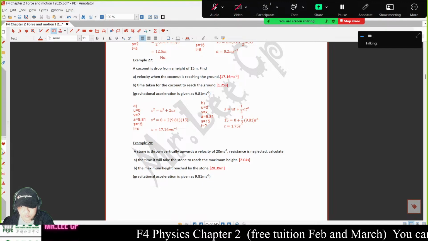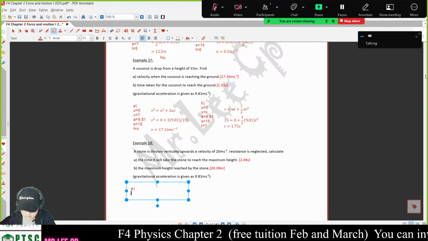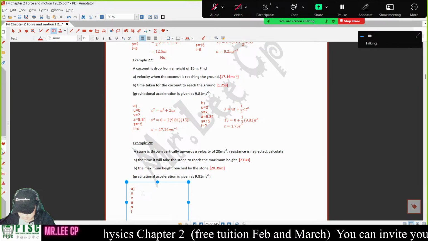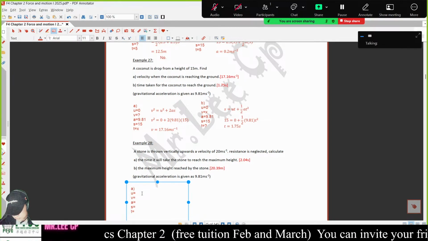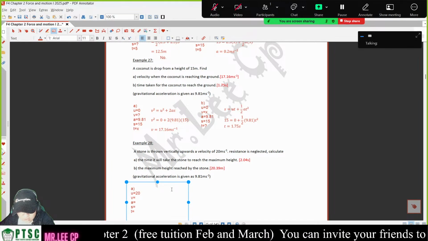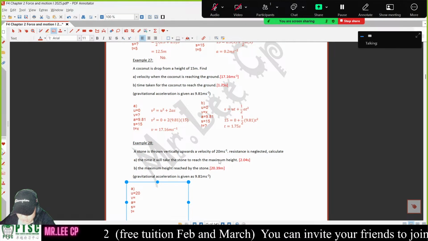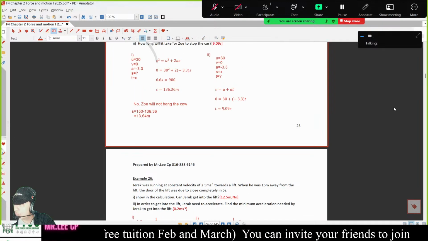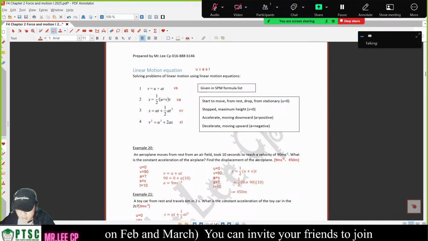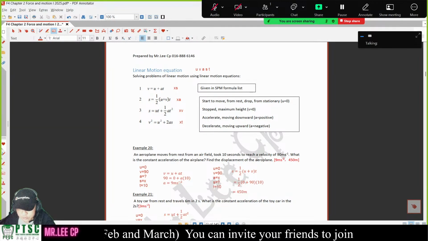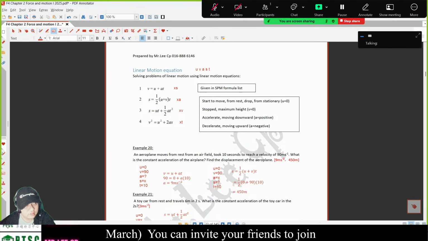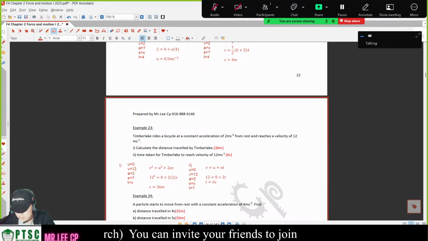So now here UVAST, we are going to list out. U is 20. V, final velocity here at maximum height. If you stop or if you go to the maximum height, the final velocity is 0.